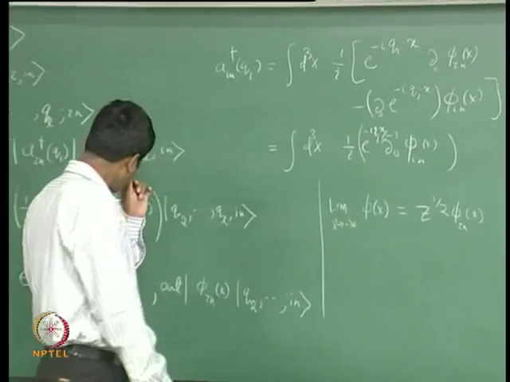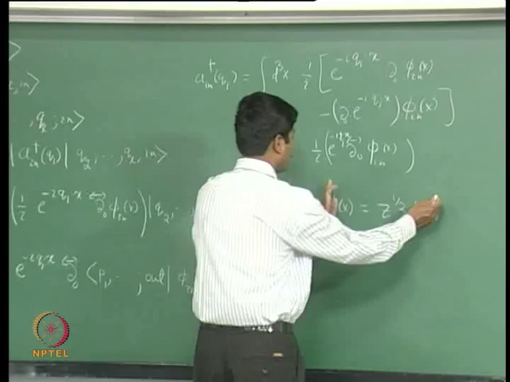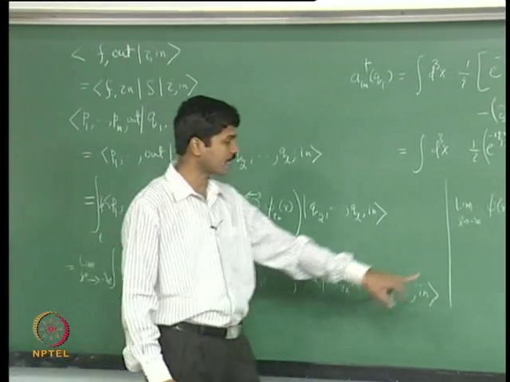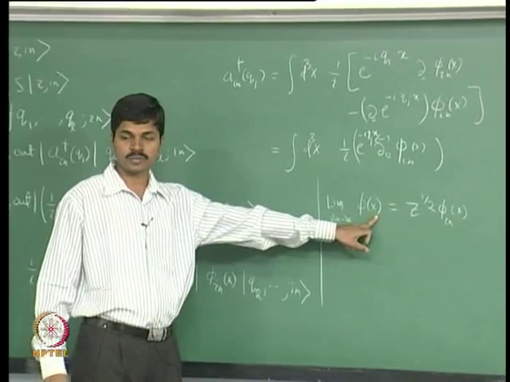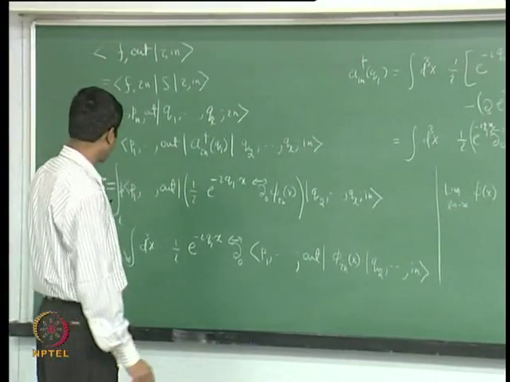Therefore, in this limit I can substitute this relation here, and in place of phi_in of x I can write the interacting field phi of x.